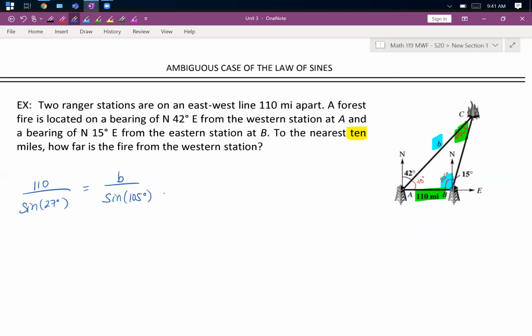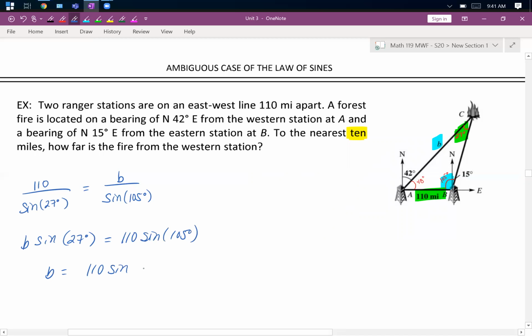And then we'll cross multiply to solve. It's B sine of 27 degrees equals 110 times sine of 105 degrees. And then we'll divide. Then we'll plug all that into our calculator and round to the nearest 10.